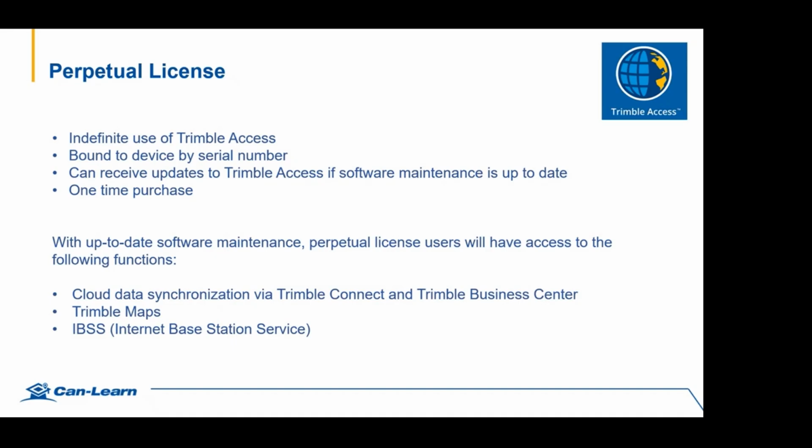This is a one-time purchase, other than if you wanted to add software maintenance after it expires to then update your version of Trimble Access, or to have access to the following functions: cloud data synchronization via Trimble Connect and into Trimble Business Center, Trimble Maps, or the use of the Internet Base Station Service, IBSS.